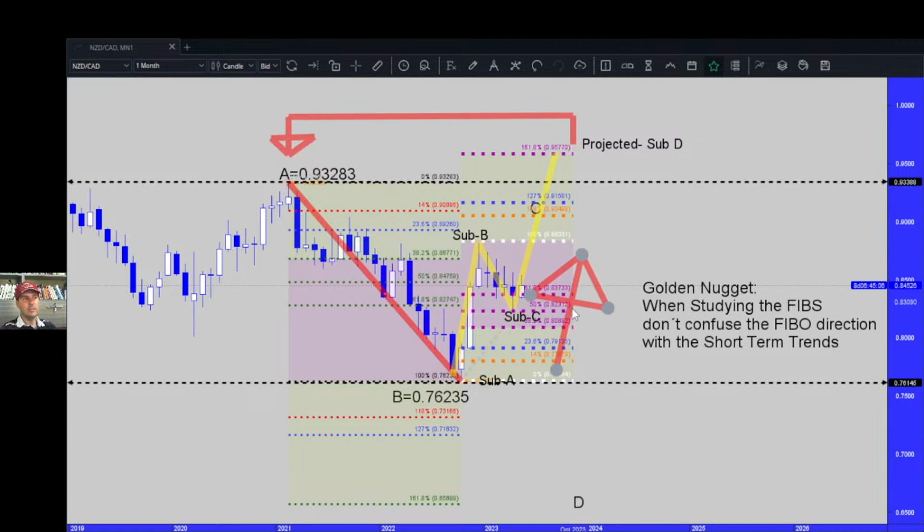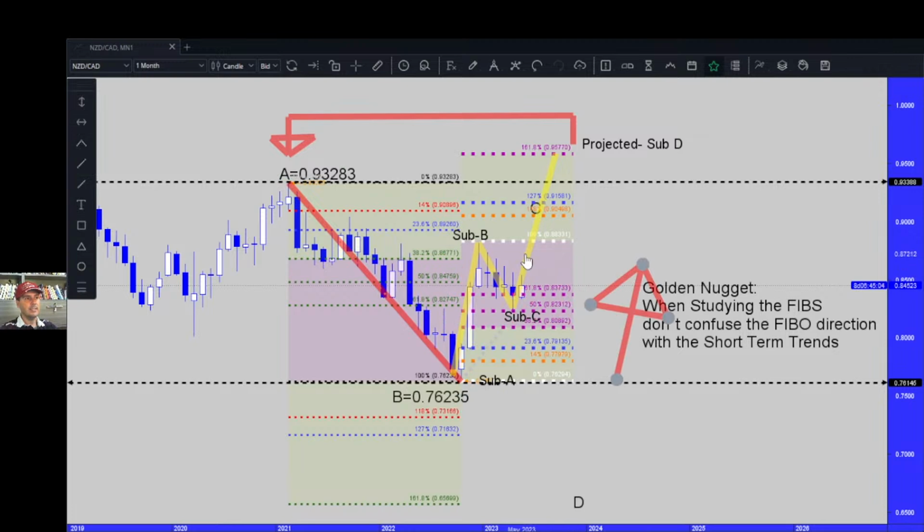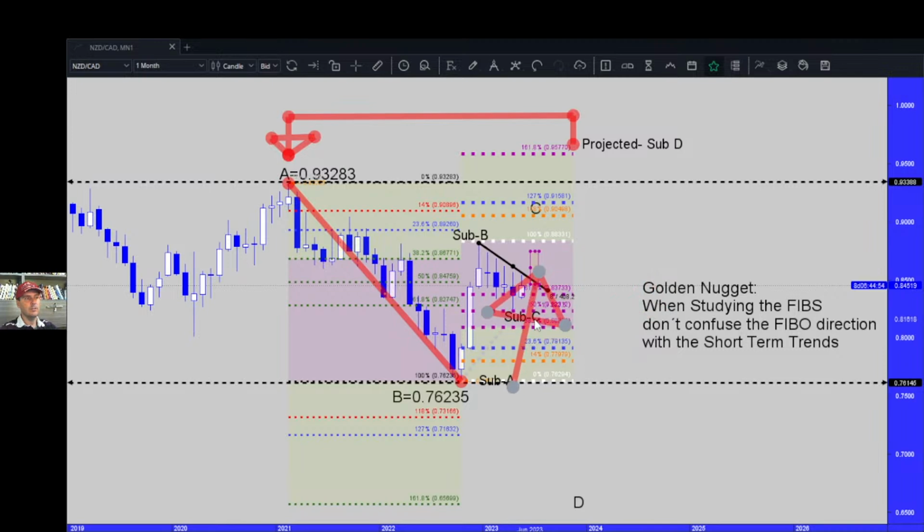What does this mean? Let's say I have a counter trend line break to go long, just an example. Hear me out, 8 times out of 10, this is not going to happen.